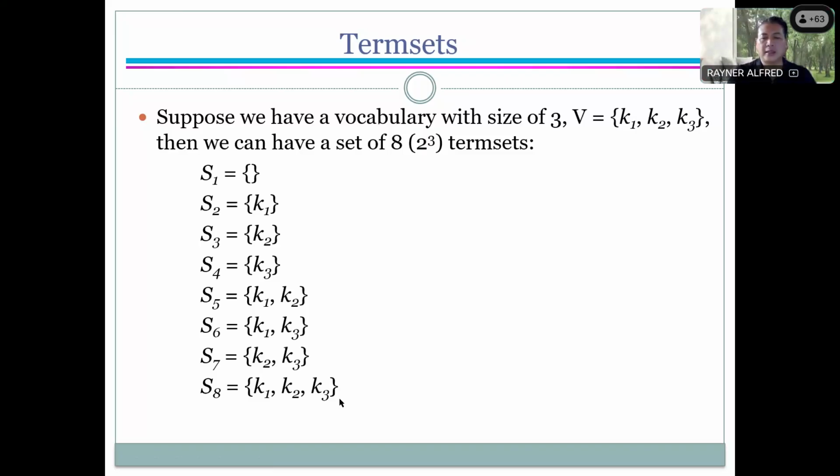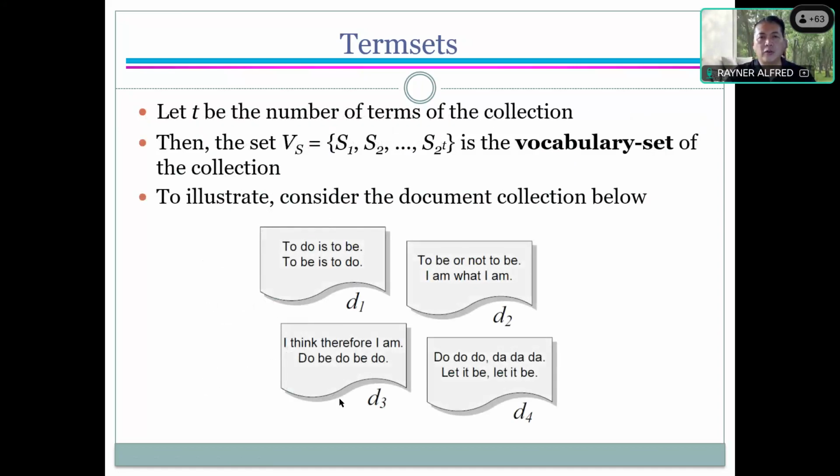So what happens is that they say, okay, why not we only look at the query, and based on the query, we generate the list. Okay, so for example, we have these 4 documents. We will be using the same documents here, and then we can define that T be the number of terms in the collection.